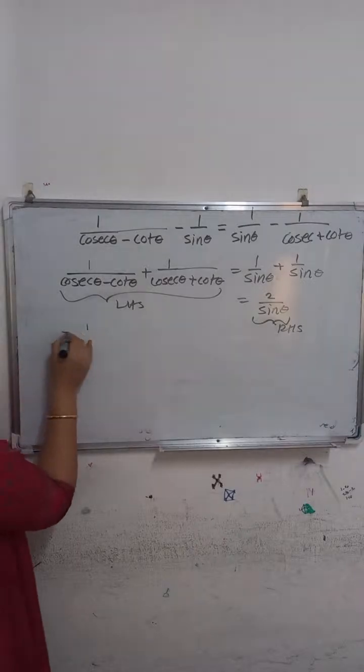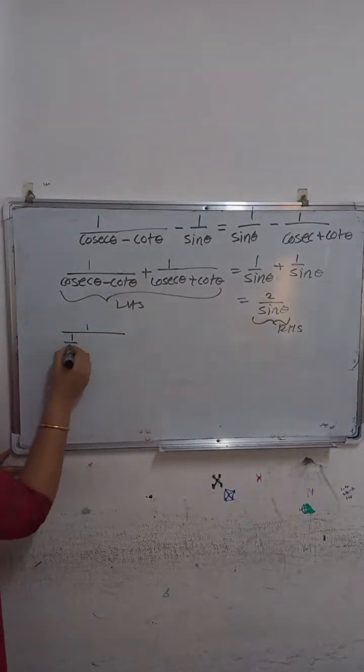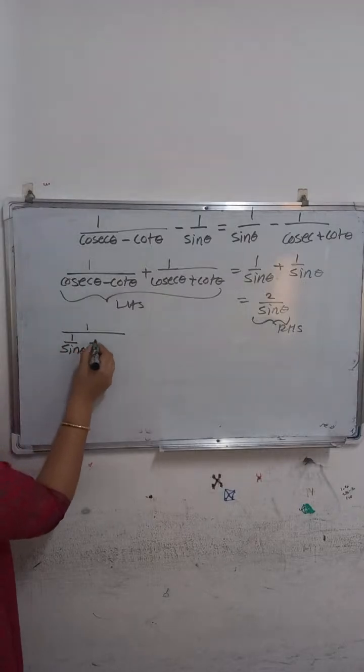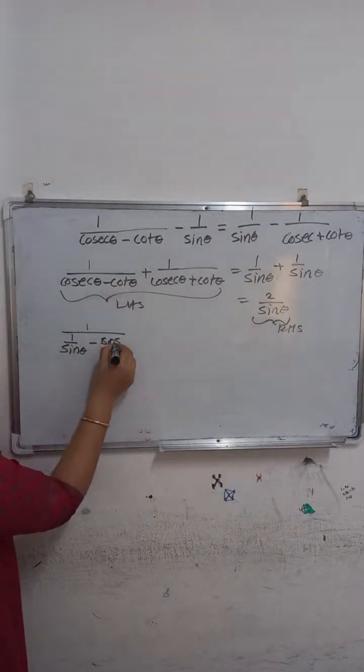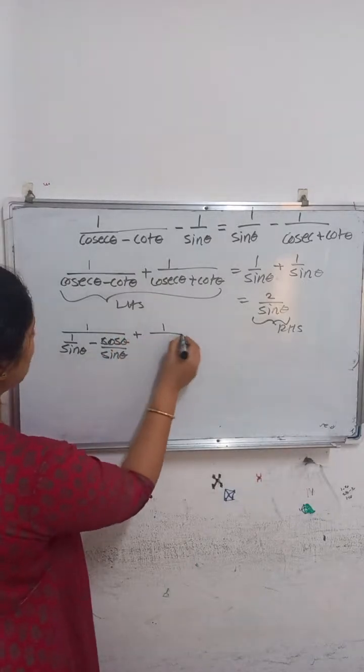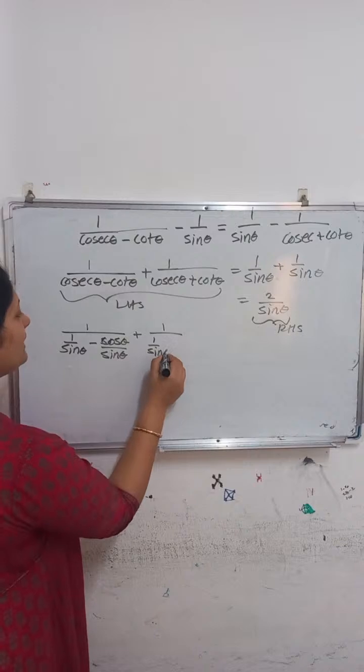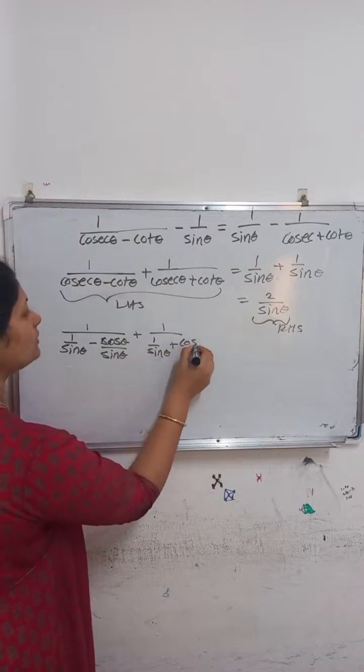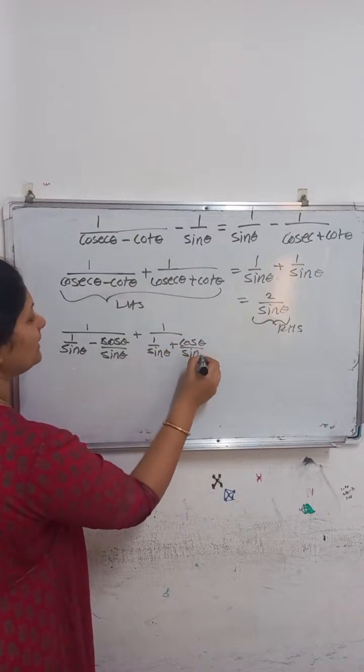So 1 upon cosec is nothing but 1 by sin theta, minus cot is cos theta by sin theta, plus 1 upon 1 by sin theta plus cot theta divided by sin theta.